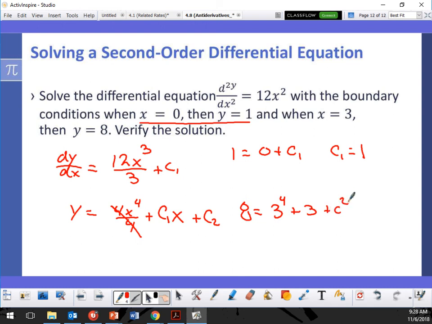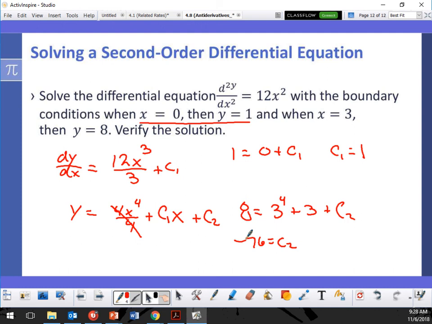So 3 to the 4th should be 81. 81 plus 3 is 84. Subtract 84 from both sides, and I get negative 76 equals c sub 2.